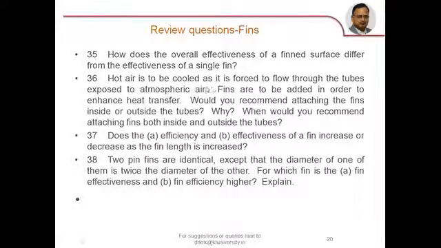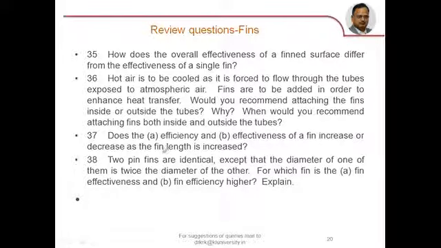Next, hot air is to be cooled as it is forced to flow through the tubes exposed to atmospheric air. Now we want to add fins to enhance the heat transfer. Would you recommend adding fins inside or outside the tubes? Why? When do you recommend attaching fins both inside and outside the tubes?